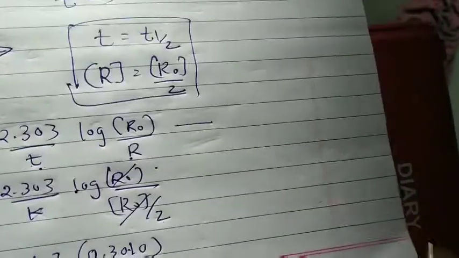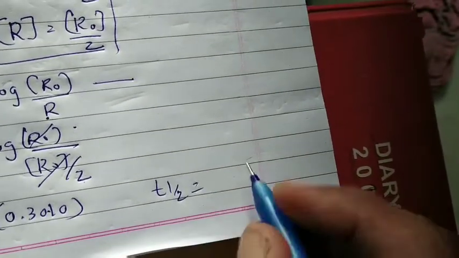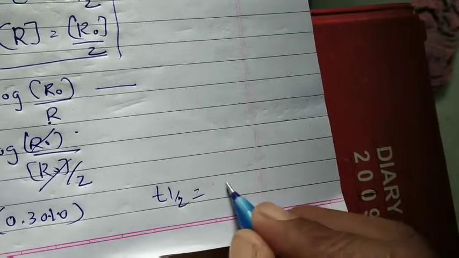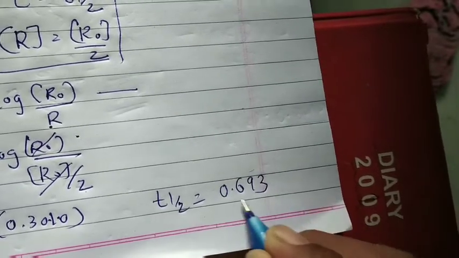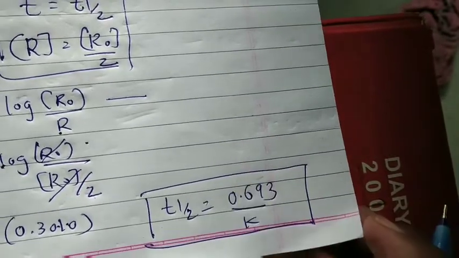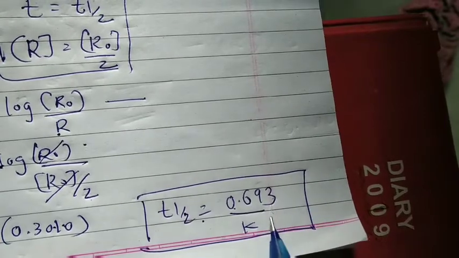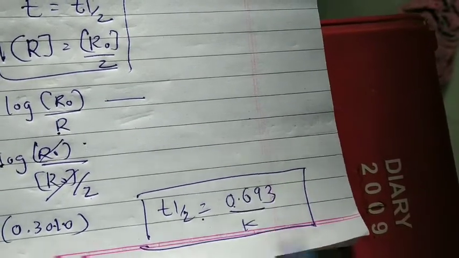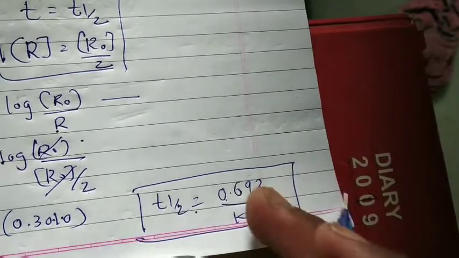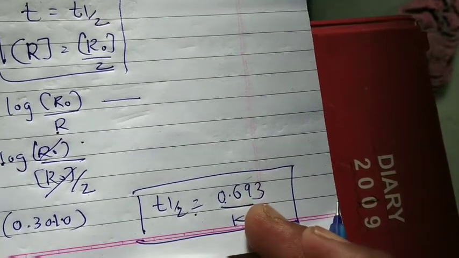If you multiply this, then t half is 0.693 by k. So t half for a first order reaction is 0.693 by k, which means it does not depend upon the initial concentration of reactant. But for a zero order reaction, it depends.